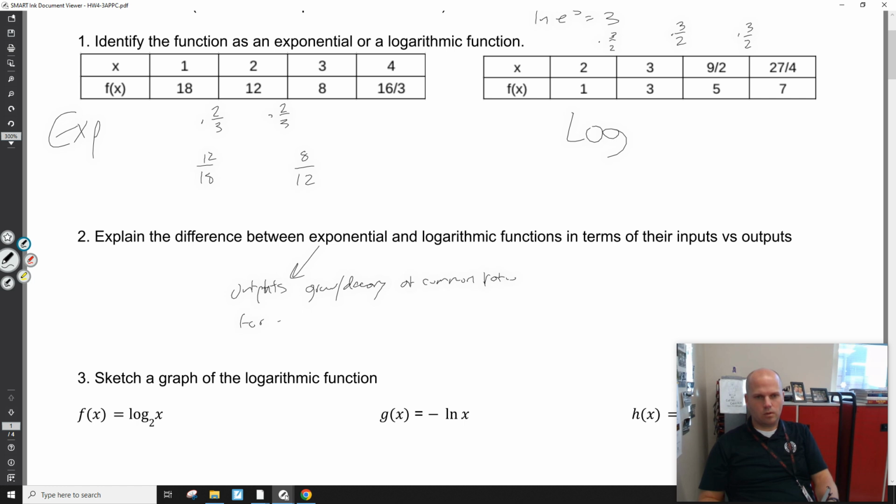This is tough to explain, but it's easier to see, so I'll just show you an example with a different one. Logarithmic functions, your inputs have to grow at a common ratio to produce an equally spaced output growth.